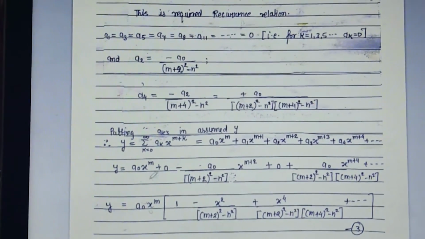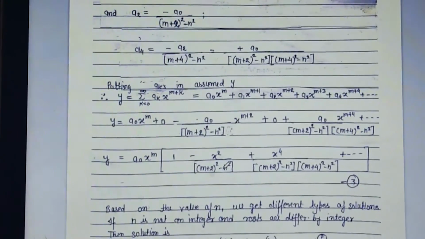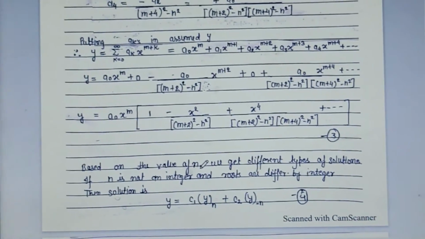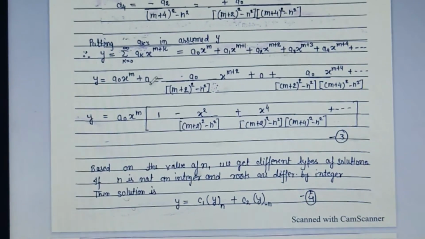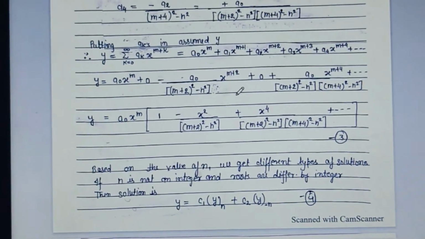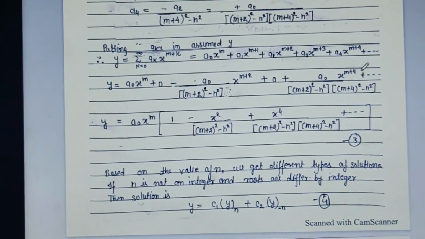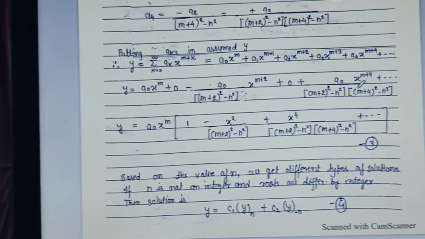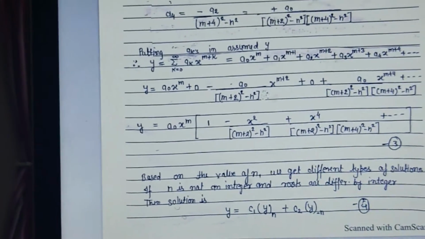So y is equal to a0 x^m + 0 - a0 x^(m+2) divided by ((m+2)^2 - n^2) + 0 + a0 x^(m+4) divided by ((m+2)^2 - n^2)((m+4)^2 - n^2) and so on and so forth, right?